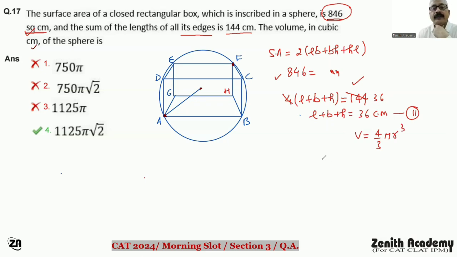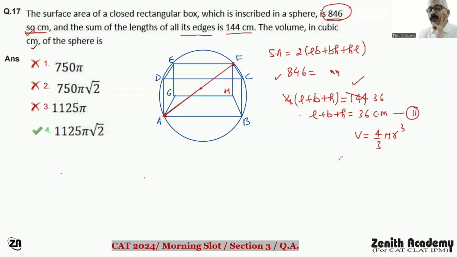So we have to find R. What will R be? The diagonal of this rectangular box will be the diameter of this sphere. So AF is a diagonal of this rectangular box, which is a diameter of the sphere.